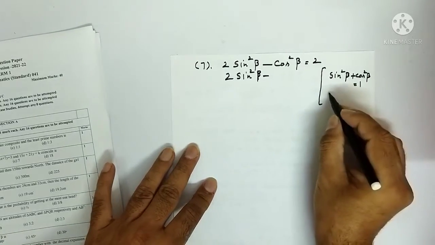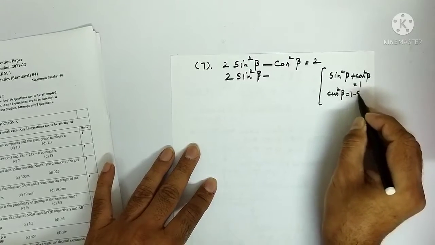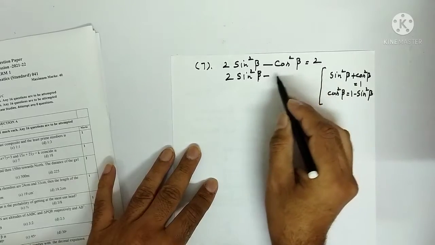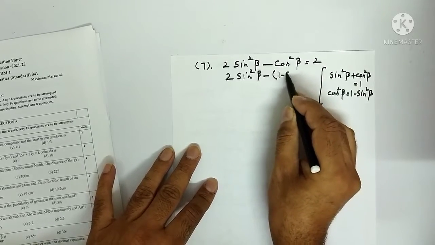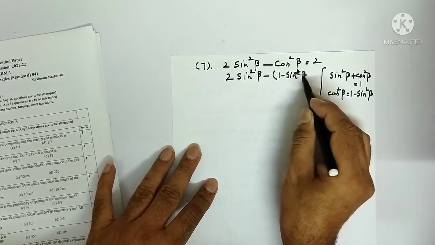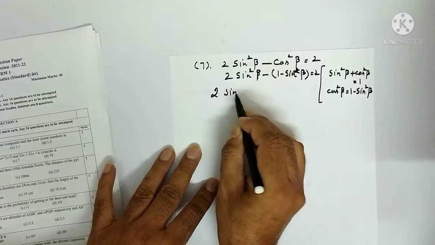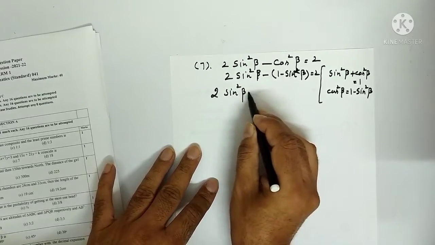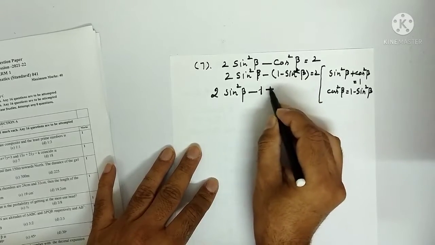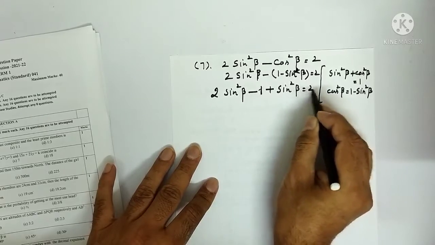If I wish to find out cos square beta from here, what will it be? It will be 1 minus sin square beta. So I will replace cos square beta with 1 minus sin square beta, and that is equal to 2. So it will become 2 sin square beta minus, I have to open it, 1 minus minus becomes plus, sin square beta, it is equal to 2.